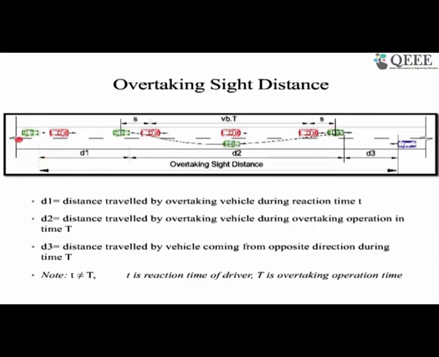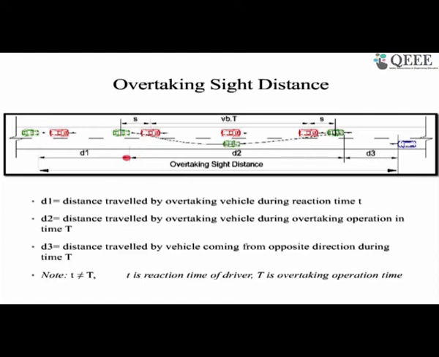Now the green vehicle is forced to follow the red vehicle until it finds enough distance to overtake. When it is forced to follow the red vehicle, it is actually traveling at the lower speed of the red vehicle, the overtaken vehicle speed. Once it finds that there is a gap, the PIV reaction time comes, it has to understand and react to that and then start the process.